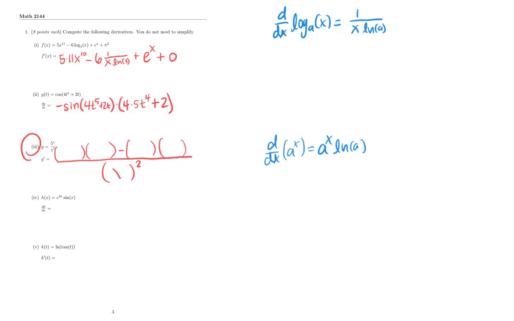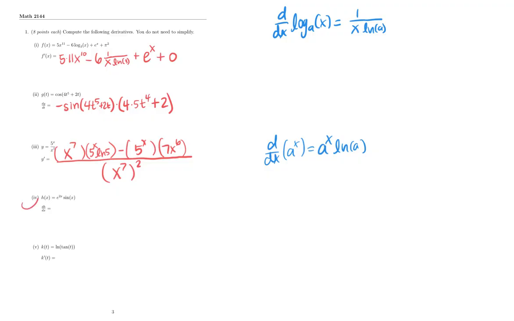So the bottom is x to the 7th squared, and on the top I'll have x to the 7th times the derivative of 5 to the x, which is 5 to the x natural log 5, minus 5 to the x times the derivative of the bottom, which is 7x to the 6th, over x to the 7th squared.